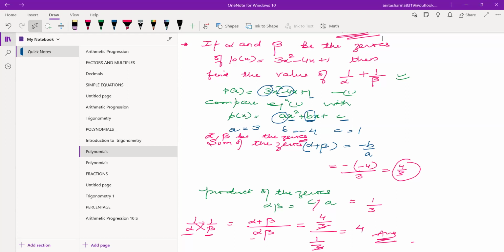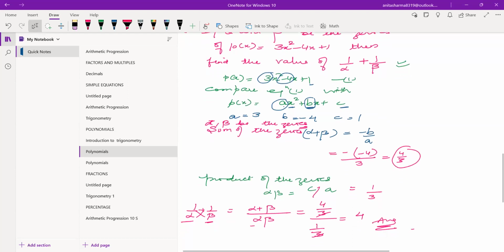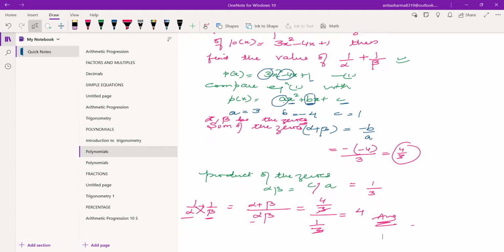Your factors will be 3 and 1, for solving this by factorization. Done, children. May I proceed to the next question?